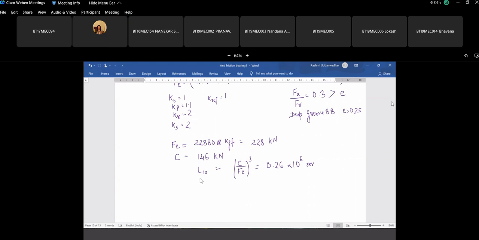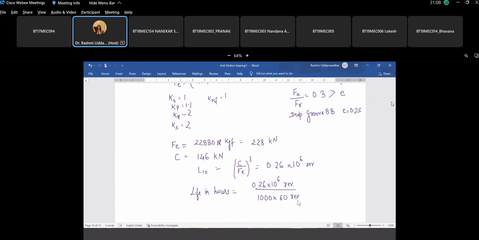Let us check the life in hours. The shaft is rotating at 1000 rpm. So the life in hours is the number of revolutions upon 1000 revolutions in a minute, and in 60 minutes it is undergoing 60,000 revolutions.